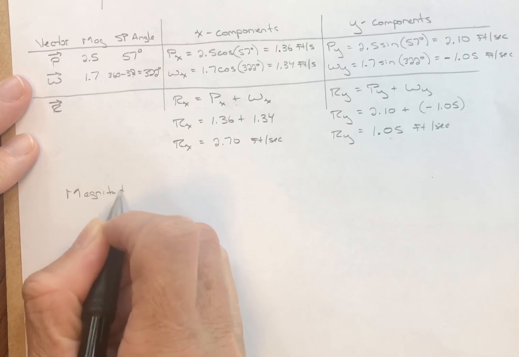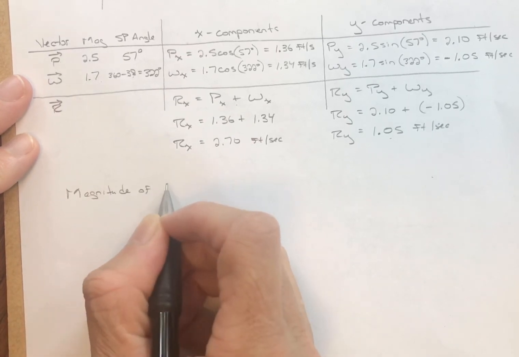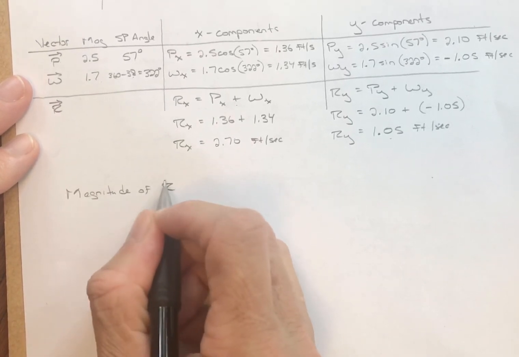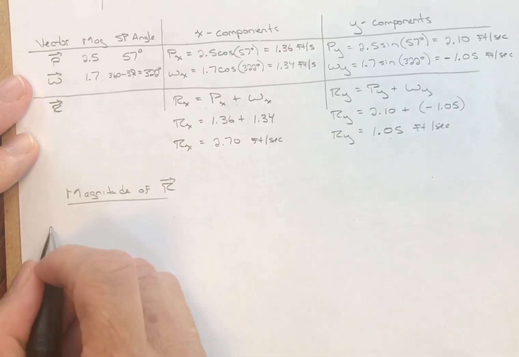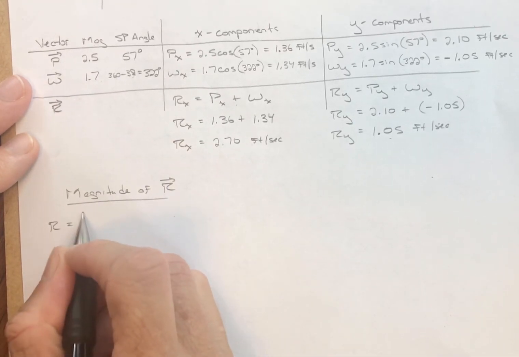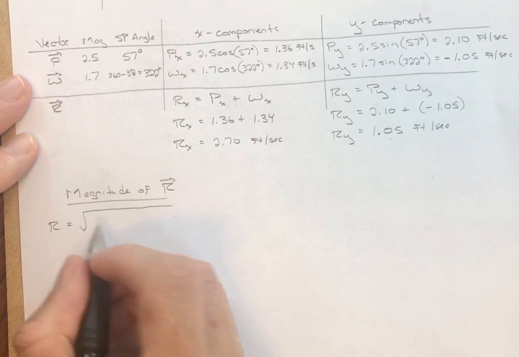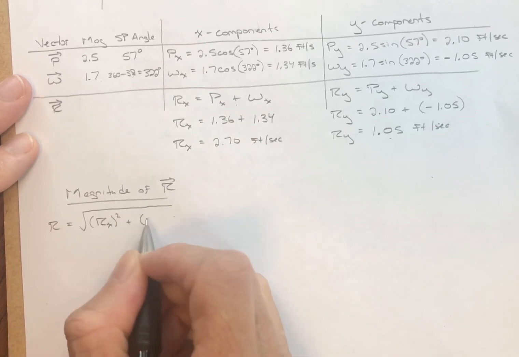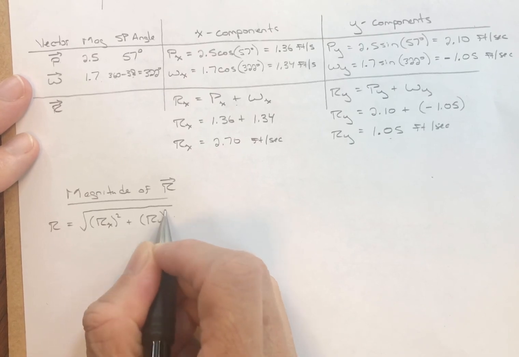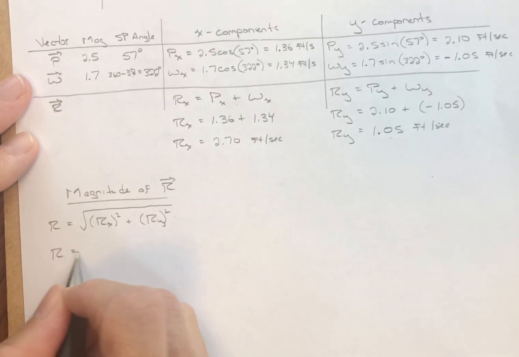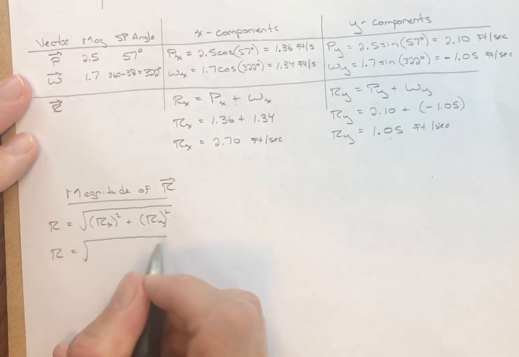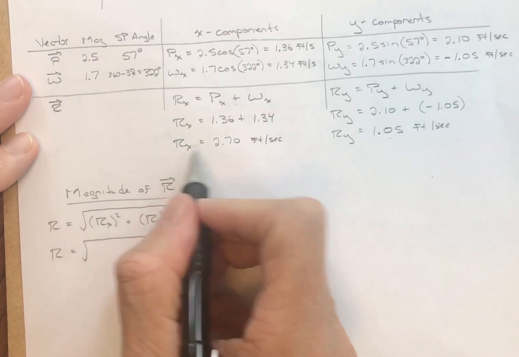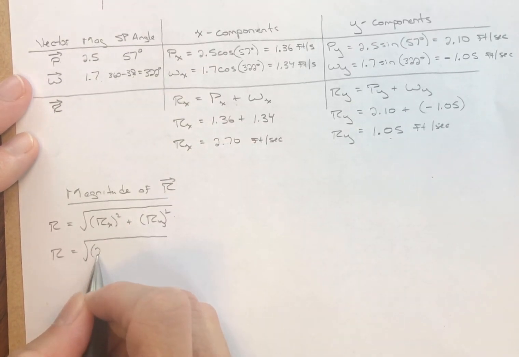Magnitude of the resultant vector. Okay, the magnitude is equal to the square root of the x components squared plus the y components squared. The magnitude in this case is the square root. The x component is 2.70.